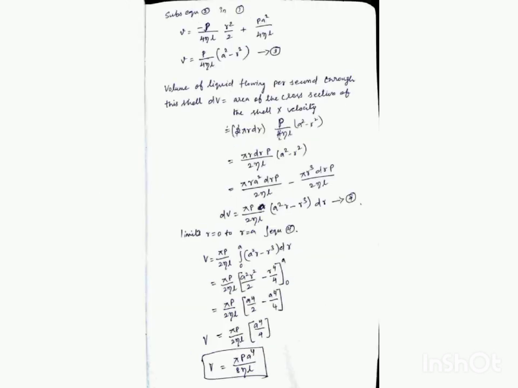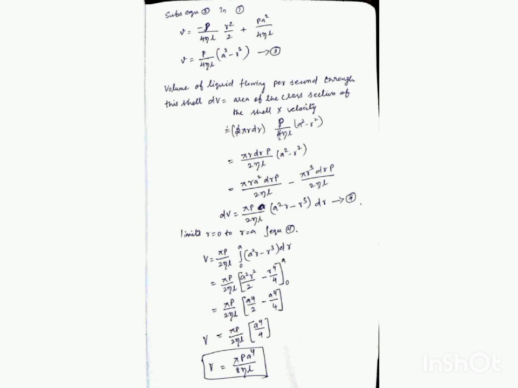When the motion is steady, the backward dragging force is equal to the driving force. Next, comparing the dragging force and driving force, I get the expression dv is equal to minus P by 2 eta L times r dr. Next, I integrate dv over the limits 0 to a. After integration, we can obtain the velocity of the liquid flowing through the cylindrical shell.